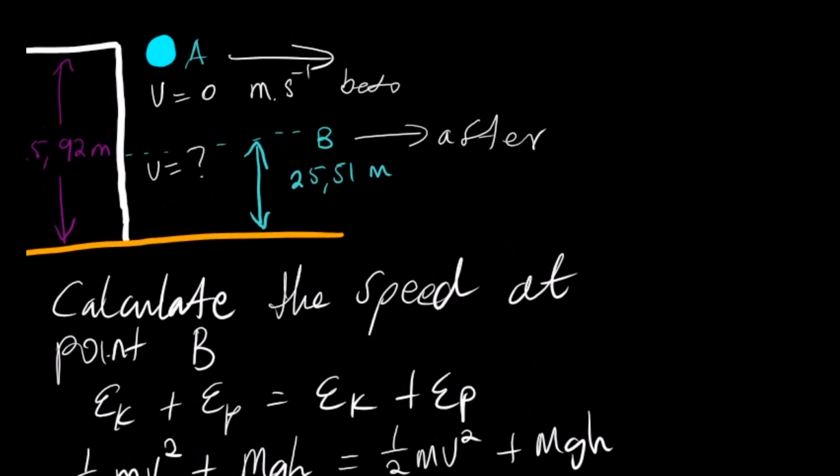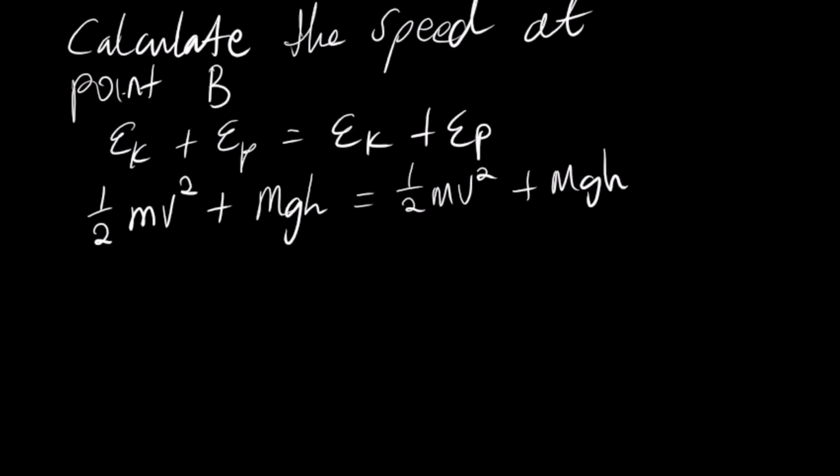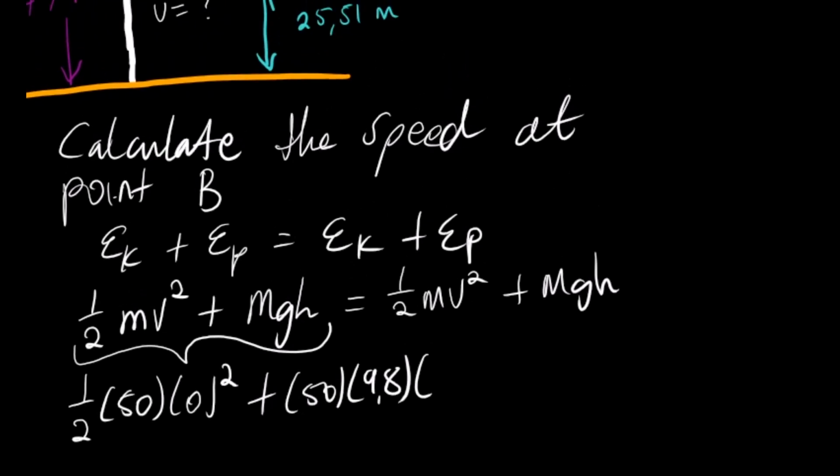Now I forgot to state that the mass of the object is 50 kg. So half, the mass is 50. Remember, this part is for point A. Now what is the velocity at point A? It's 0. Plus the mass, we have 50, 9.8. What is our initial height?